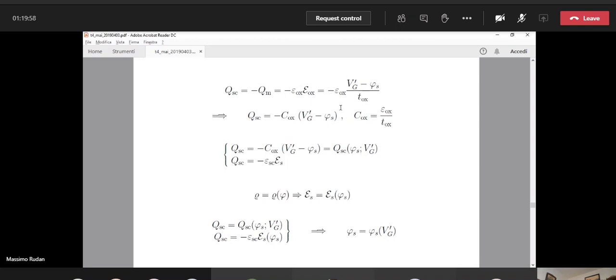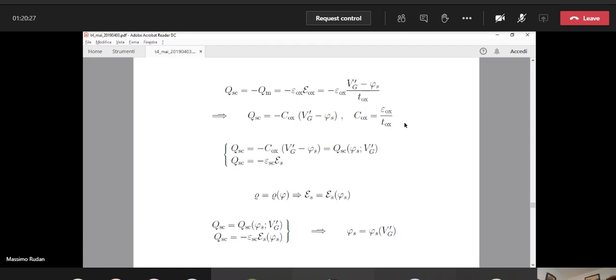We notice immediately the ratio of two constants, epsilon ox divided by the oxide thickness. You remember that a parallel plate capacitor has a capacitance equal to the permittivity of the dielectric times the area of the capacitor divided by the thickness of the dielectric.